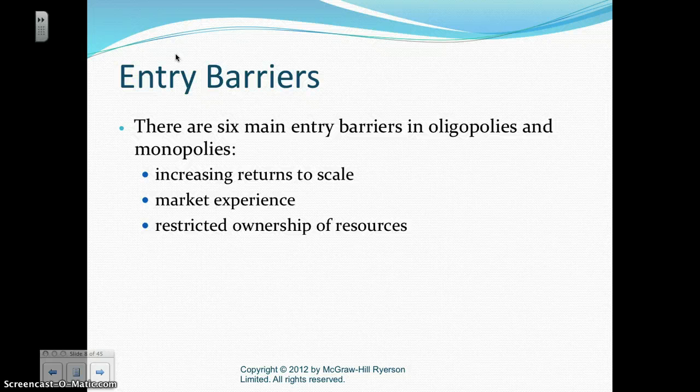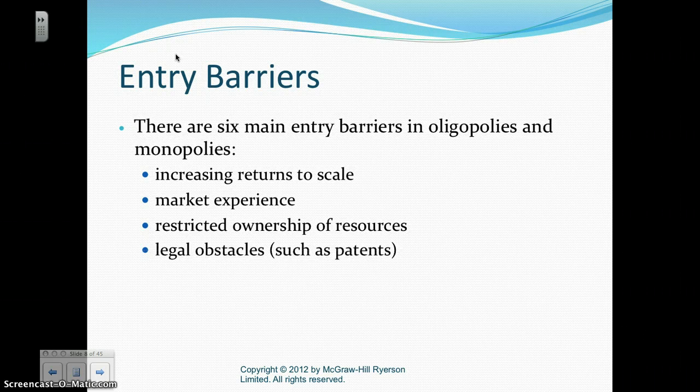Think of De Beers in this case, who apparently, as I'm flipping through my notes here, own 75% of the world's supply of diamonds. So obviously it's going to be hard for a new business to come in and take over the diamond manufacturing or distributing business, with De Beers owning so much of the market share.